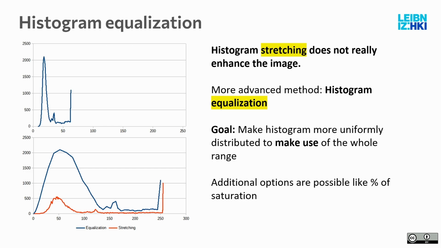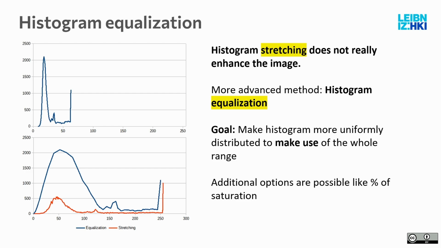Histogram equalization is actually a complicated operation, and I had to prove once the mathematics behind it, which was fun. The goal is to make the histogram uniformly distributed, as uniformly distributed as possible. So we make use of the whole range, but also distribute the values in a better way.